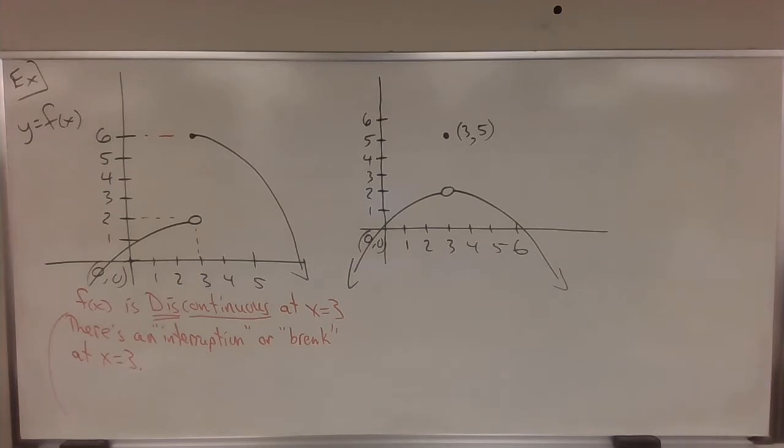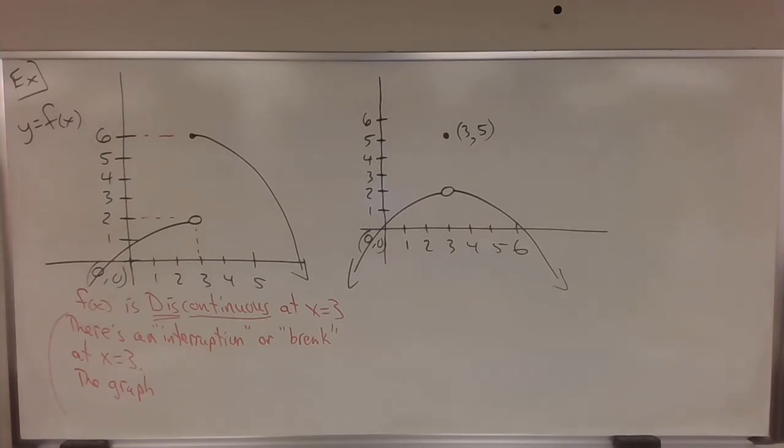Now we might also say, or alternatively we might say, the graph consists of two separate pieces. And that's another good reason. Either one of these reasons is good on their own.